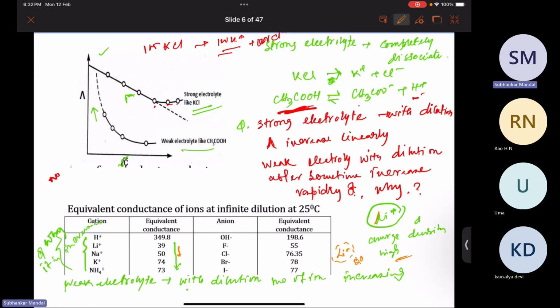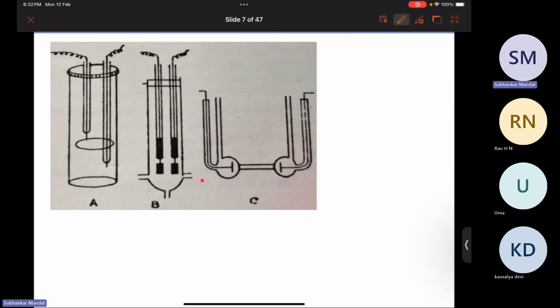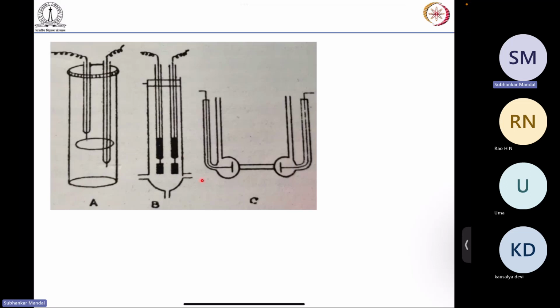So we can go to the next slide. On the next slide, there are different types of cells with which we can calculate the conductivity of the electrolyte.